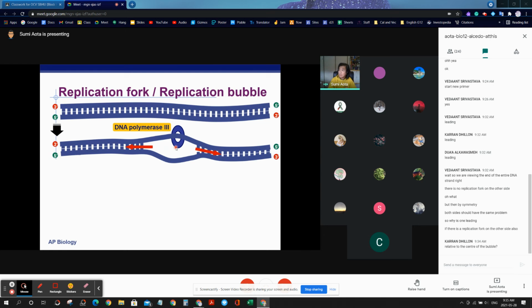DNA poly 3 on the right hand side of the bubble is continuous because it's going 5' to 3'. So that's a leading strand. On the right hand side lower strand, it's going the wrong way. It has to go the opposite direction in bits. So that's lagging.